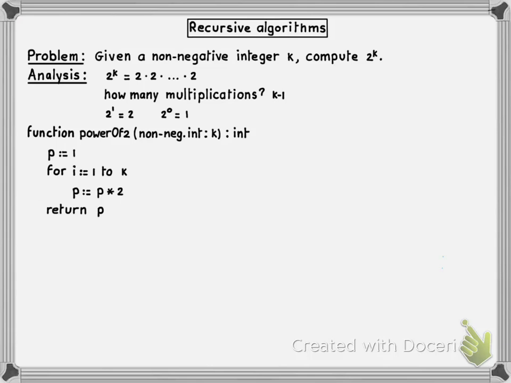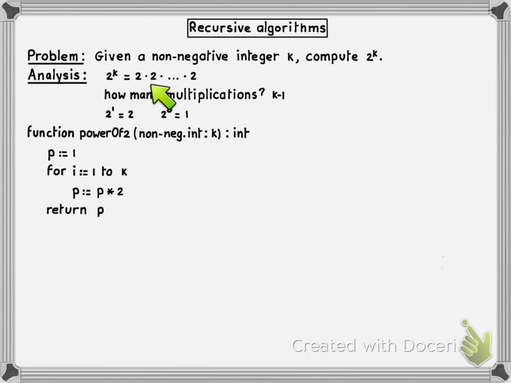Now one question we should answer right away is, why do we have k iterations of that loop, even though we said we would only have k minus 1 multiplications? Well, the answer is because we're starting at 1. So even to get the first 2 here, we need to multiply p by 2.